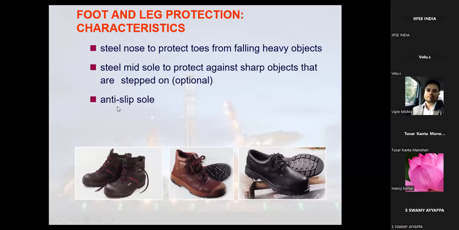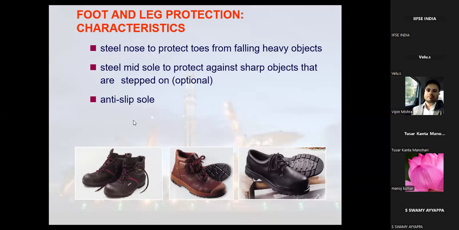Now here you can see in the picture, the first two are the safety boots and the third one, the black color one, is the safety shoes. Now the characteristics of the footwear for the safety shoes: the first characteristic is it should have the steel nose to protect the toes from falling objects.